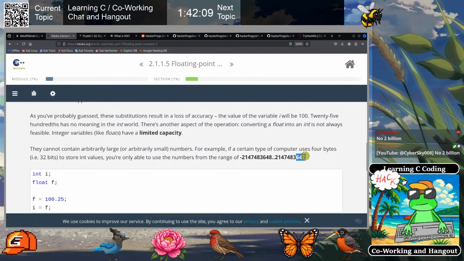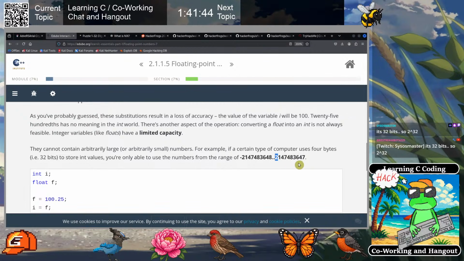Okay, so this is thousands, 100,000s, millions, billions. So 2,147,483,647. Okay, it's 32 bits, so it's 2 to the power of 32.